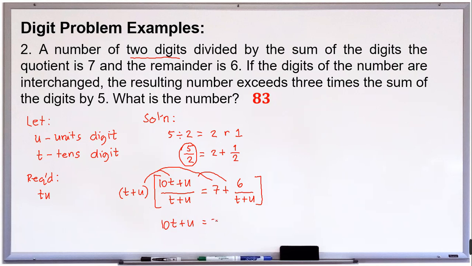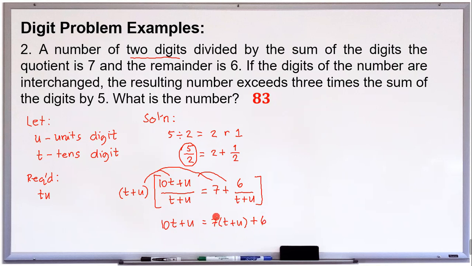Then 7 times t plus u, so we have 7. Since the operation is multiplication, do not forget to enclose t plus u with parentheses. So 7(t plus u), and then plus. Here the denominator is the same as our multiplier, so these two will cancel out. What's left is only the numerator, which is 6.